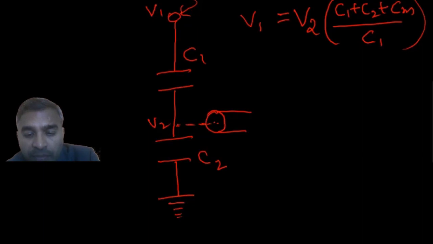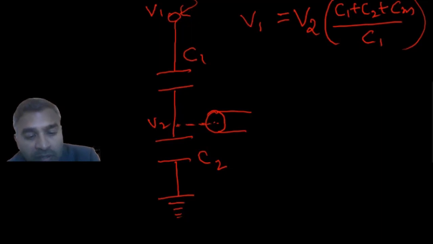If C2 is high, what will happen in your opinion? V2 is directly proportional to C2, voltage across C2. And in a similar way, just like a resistor divider, voltage will get divided. What should be the logic actually?